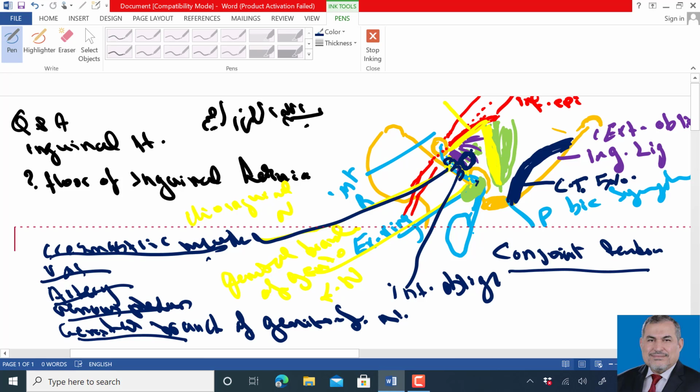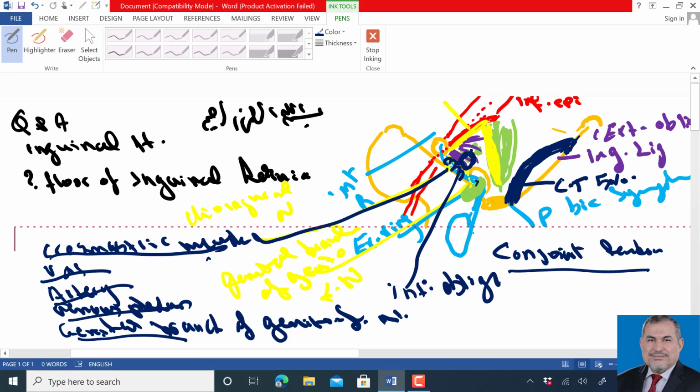Sometimes the surgeon mistakes the conjoint tendon, if a transversus abdominis aponeurosis alone attaches to the pubis. But a true conjoint tendon is from internal oblique and transversus abdominis aponeurosis. Okay.